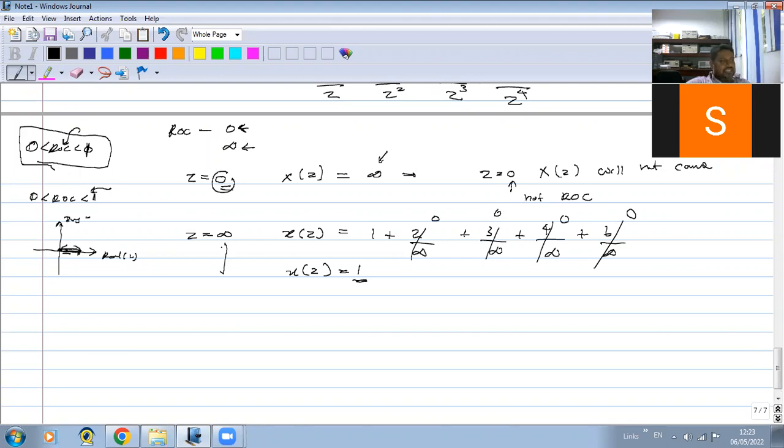But tell me, z equal to infinity: is infinity in the ROC or not? Tell me quickly. Is this infinity in the region of convergence, or is this infinity not in the region of convergence?